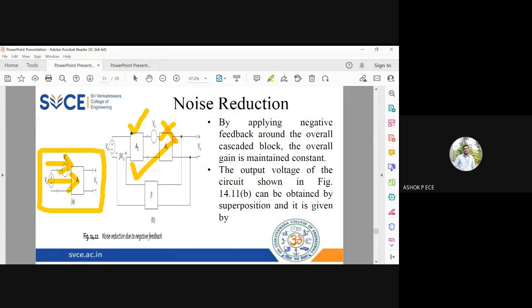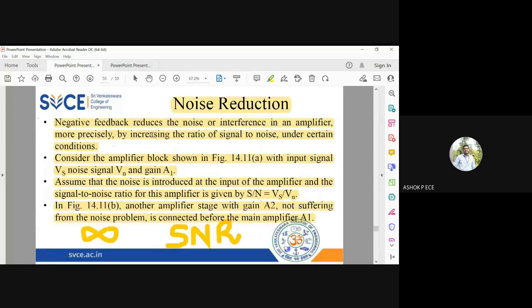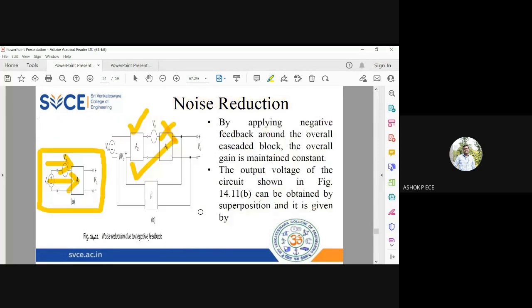You have the noise source only before A1. So I can say A2 is free from noise, but A1 is having noise connected to its input. I'm going to apply negative feedback throughout this amplifier combination A1, A2, so that I can see what is the effect of the negative feedback.